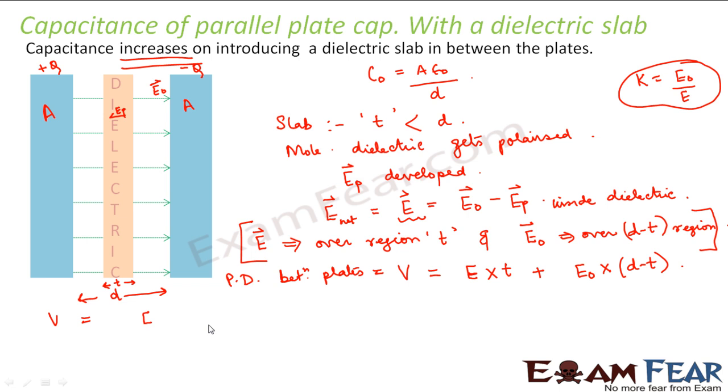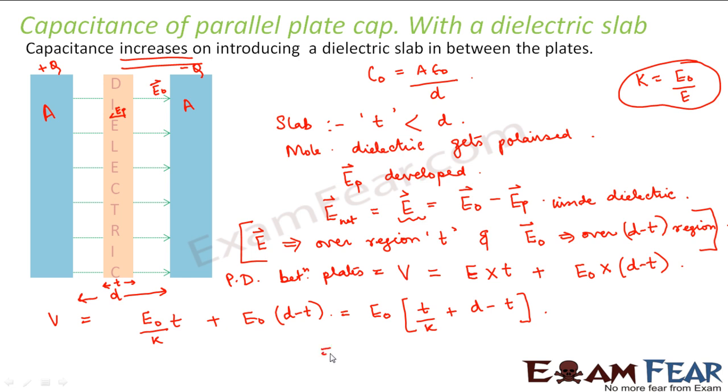So now we will write E in terms of E0. V equals E0 by K into T plus E0 into D minus T. This can be written as E0 into T by K plus D minus T.